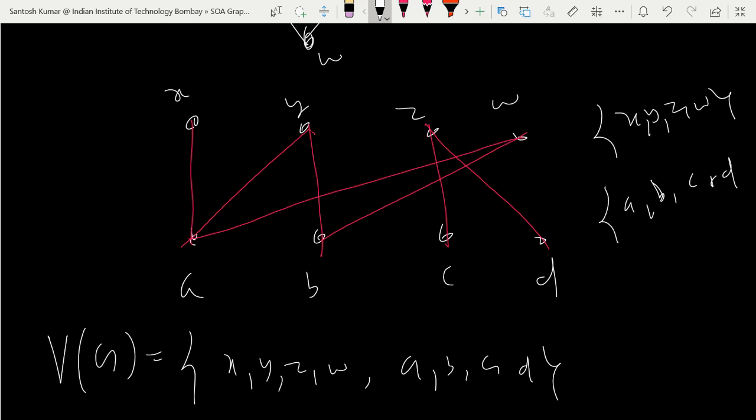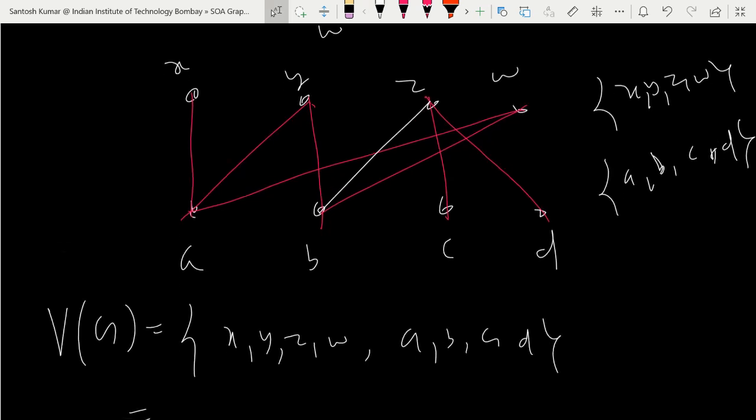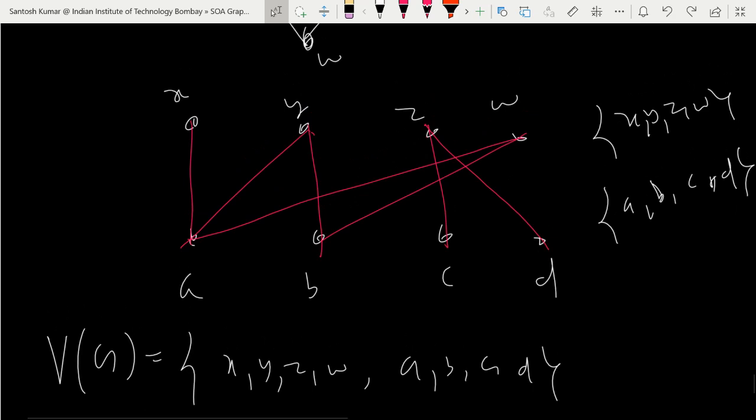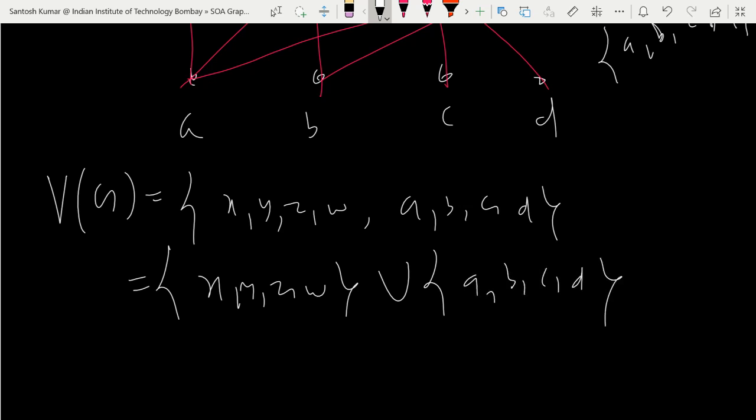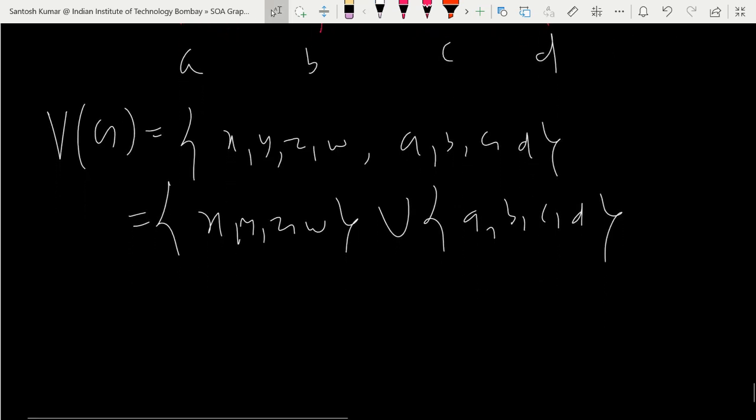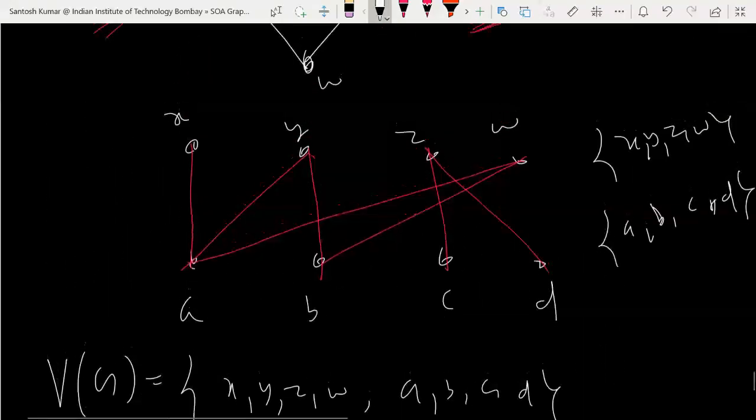Again these four are non-adjacent because there is no edge between any two of them. Finally you can write it as x, y, z, w union a, b, c, d. So the vertex set of G is the union of two disjoint sets, and both sets are independent sets. So again, this is a bipartite graph.